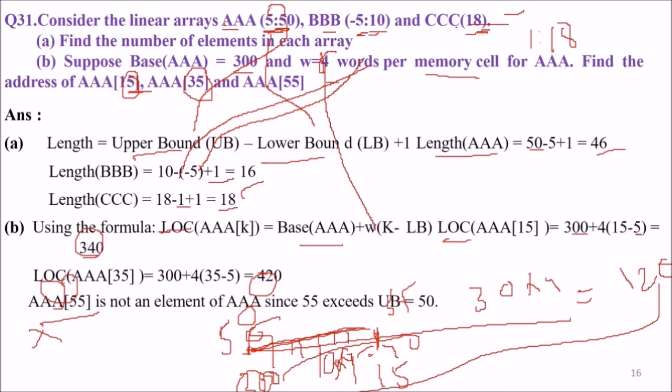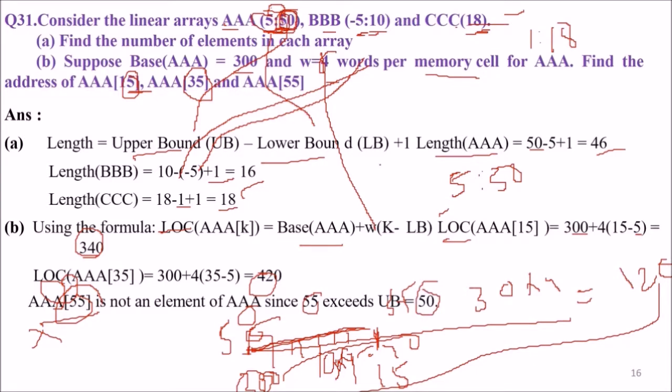Why? Because it is given that AAA goes from 5 to 50. It will start from 5, it will reach up to 50. So there is no question of finding out A55. So A55 is not an element of AAA, since 55 exceeds our upper bound, that is 50.